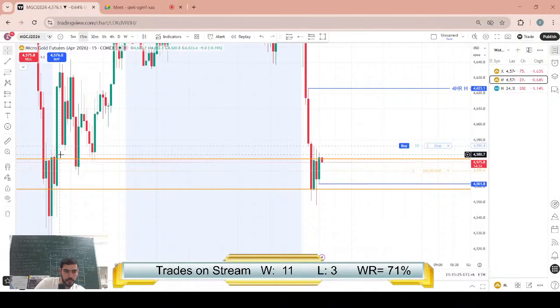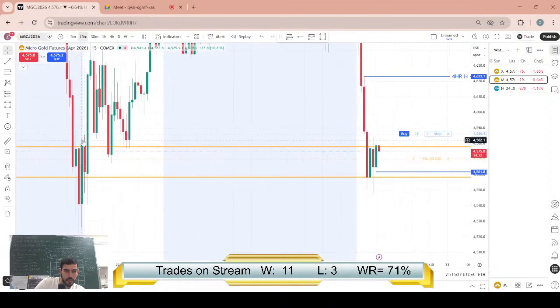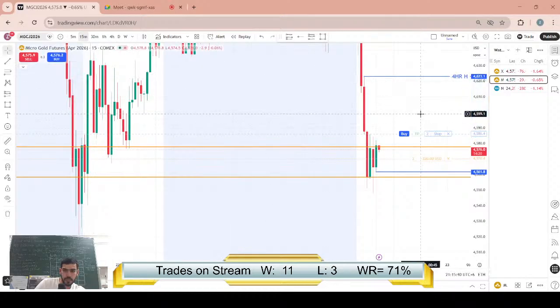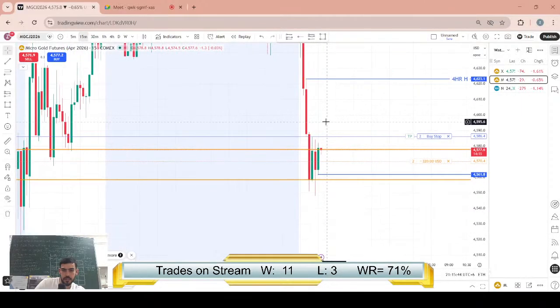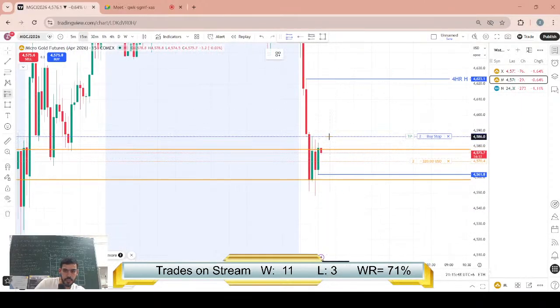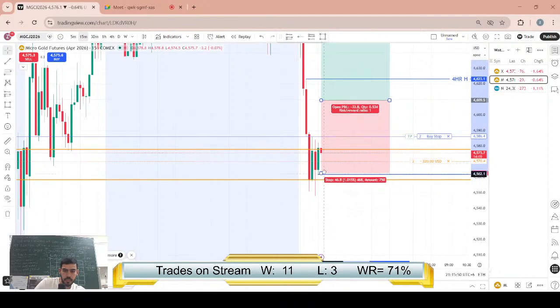It should be above this candle, because you can see here previously it did the same thing. Alright, buy stop. So the buy stop is right there. Let's see if we get activated.